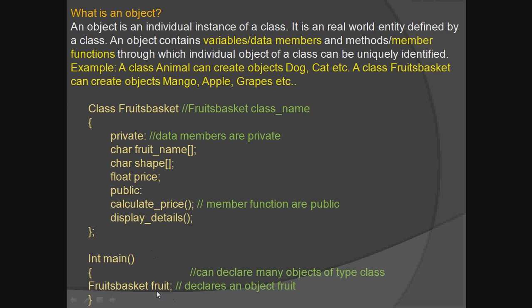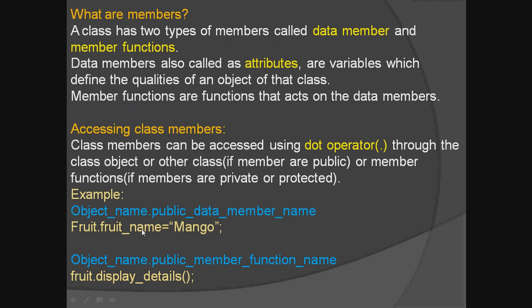So this object is actually another name for a variable of this class type. This variable is declared using a user defined data type, that is FruitsBasket. Here you can see the value mango is assigned to this member fruit underscore name.